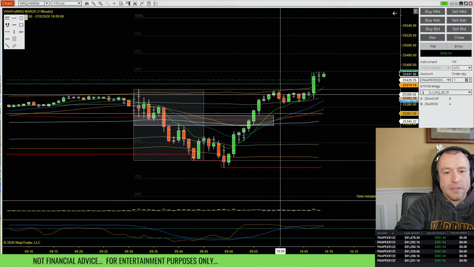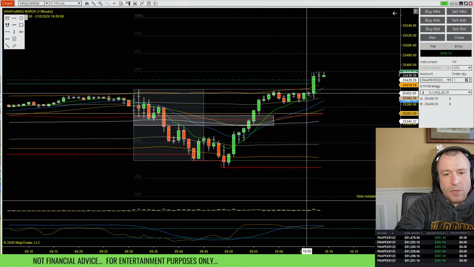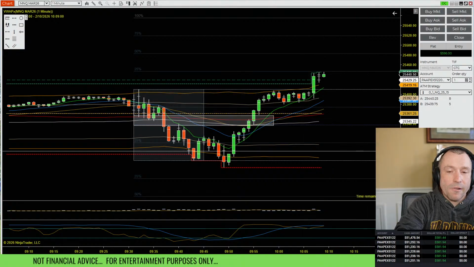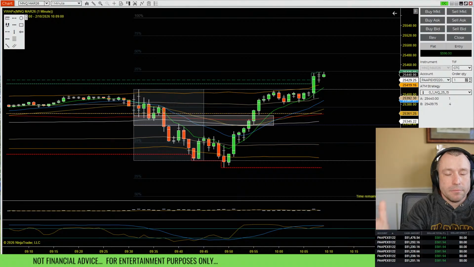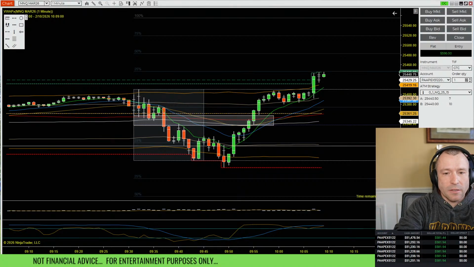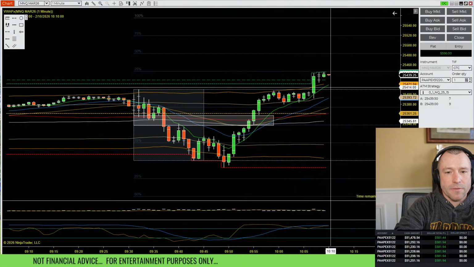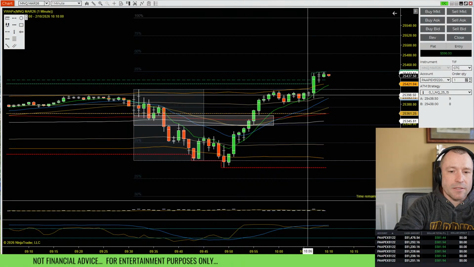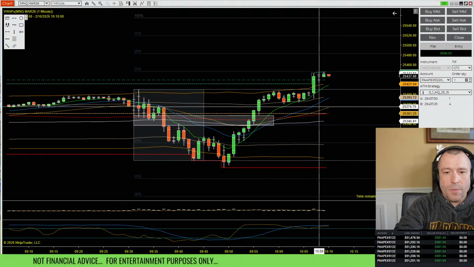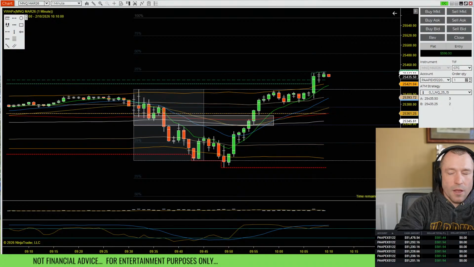But since I sat through the pullback, I might as well add to my position, because the trade idea is still valid, and I still expect it to go where there's still a valid target. It does double the risk, but the maximum risk I was at there was $184, or $180, $190, something like that.